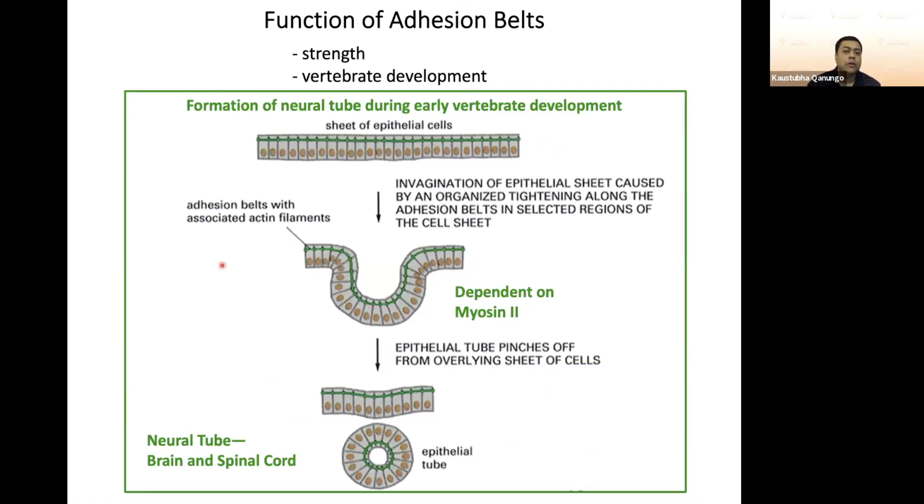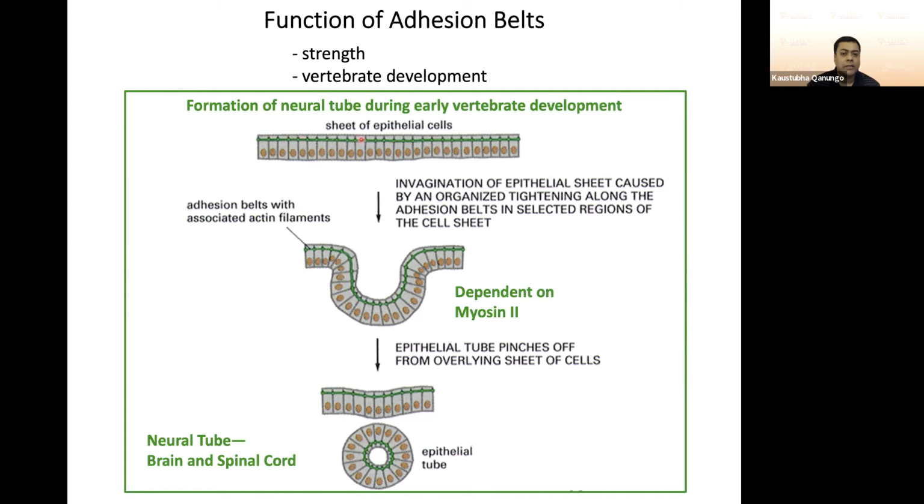There is a huge application or consequence of that. Think about a blastocyst being developed into an embryo, now you know this. Think about this being the top portion of the blastocyst, and you have this sheet of epithelial cells.